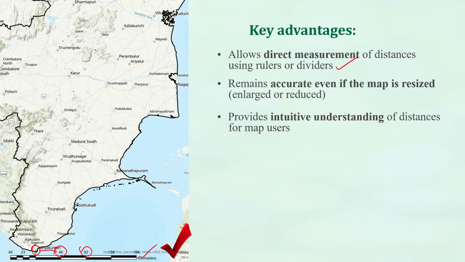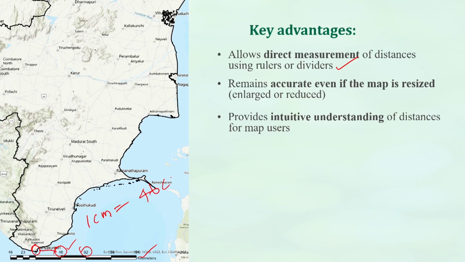Let us think the distance between 0 and this point is 1 centimeter, and there is some value written, that is 46. This means 1 centimeter on the scale represents 46 kilometer on the ground, though no unit is written here. This is the meaning. Here we measure directly using the scale, so we can understand.